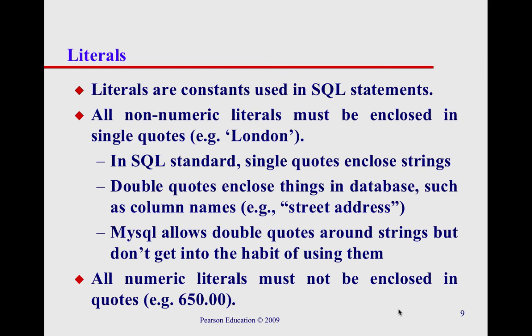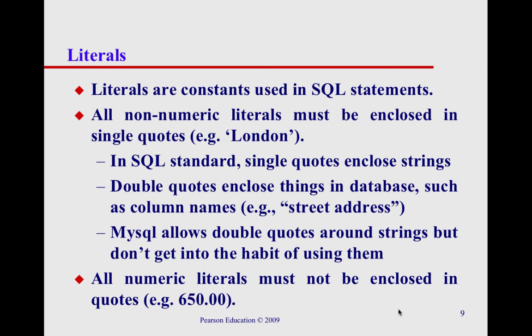In SQL, you should get used to putting your string literals in single quotes, not double quotes. The reason is that in real SQL, double quotes is interpreted by the query optimizer as specifying the name of an attribute, because attributes are allowed to have spaces in real SQL.